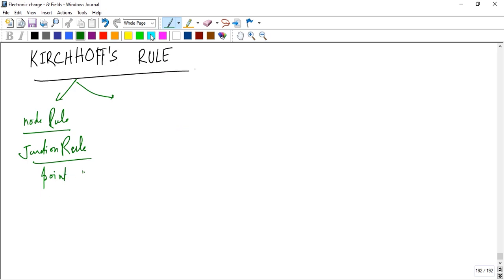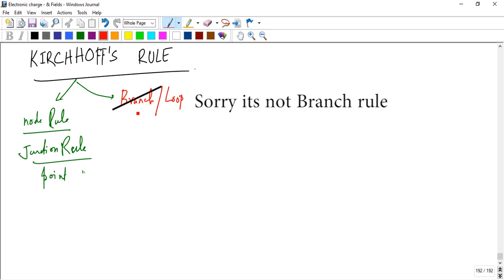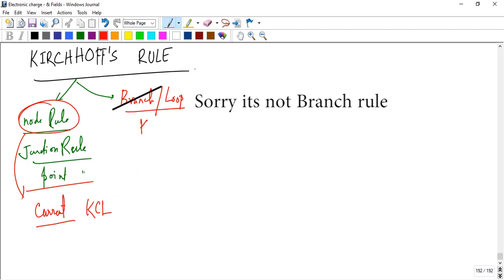The other is the branch or loop rule, or loop law. The node rule applies to current, Kirchhoff's current law, and the loop rule is Kirchhoff's voltage law.